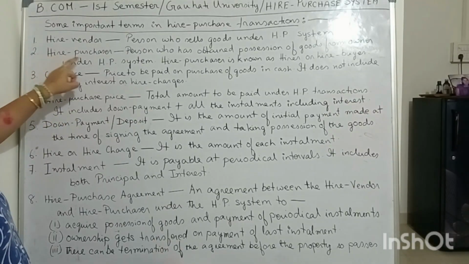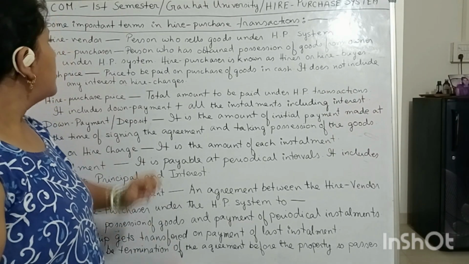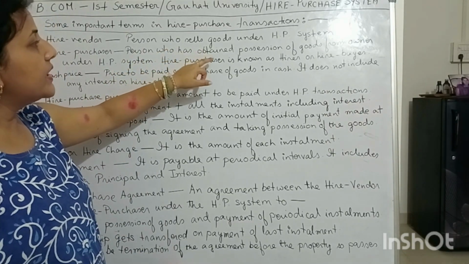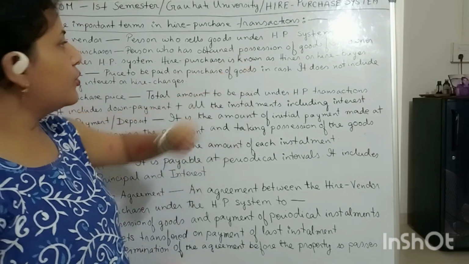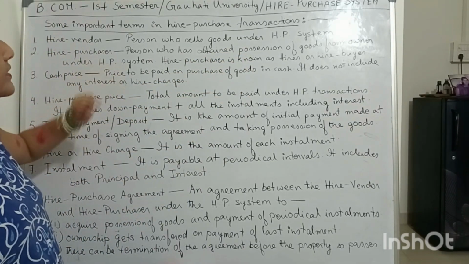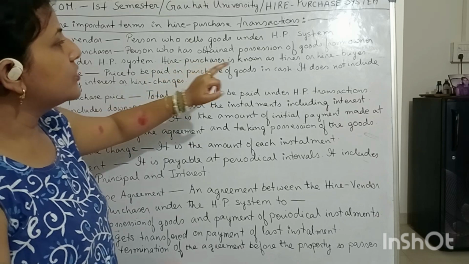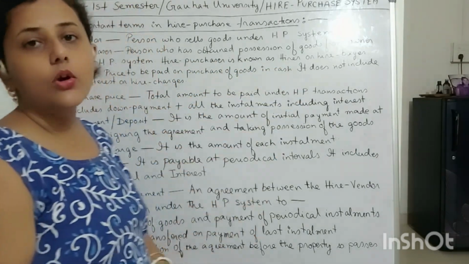Then, what do you mean by hire purchaser? A person who has obtained possession of goods from the owner under the hire purchase system. A hire purchaser is also known as hirer or hire buyer.